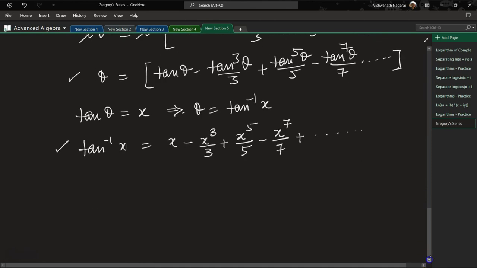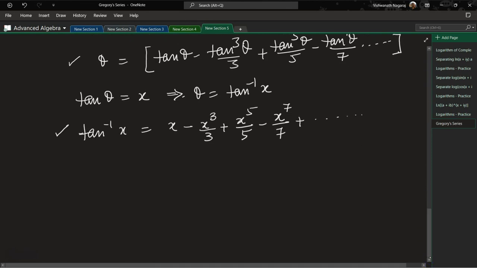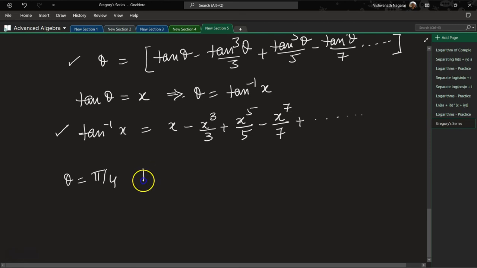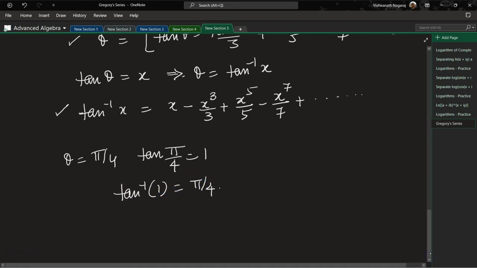Now there is a special value of tan, when theta is equal to pi by 4. Because when theta is equal to pi by 4, sine pi by 4 and cos pi by 4 are equal, so sine by cos will give you 1. So tan of pi by 4 is equal to 1, or in other words, tan inverse of 1 is equal to pi by 4. So here we have arrived at this form of the Gregory series, tan inverse of x.